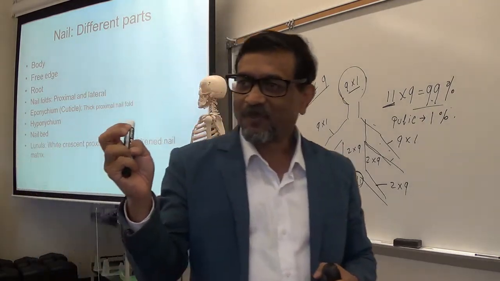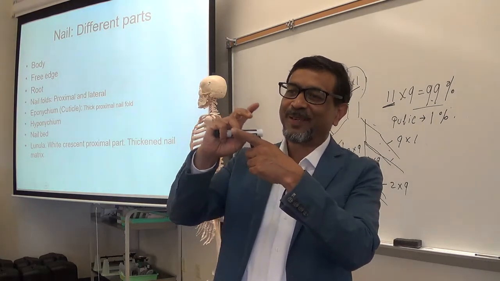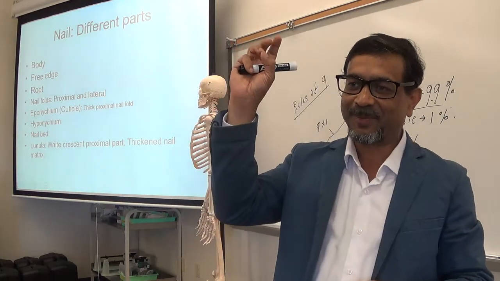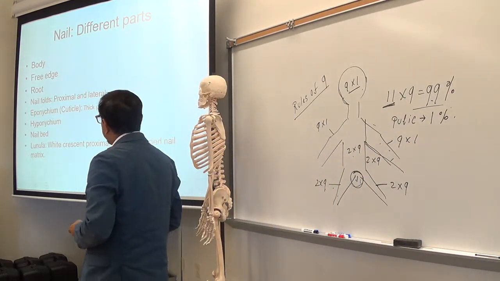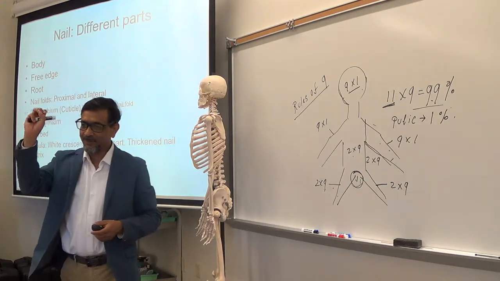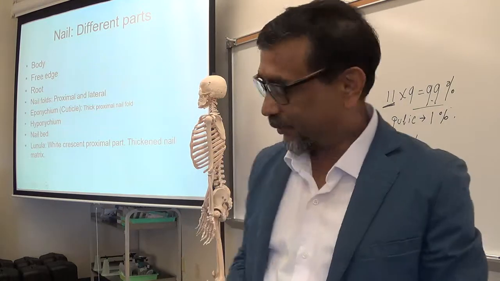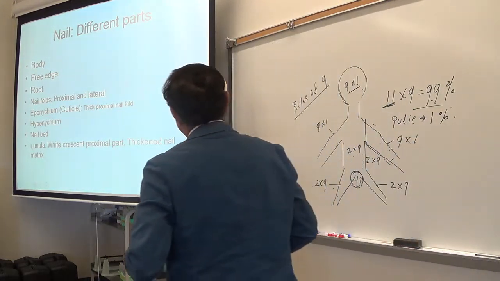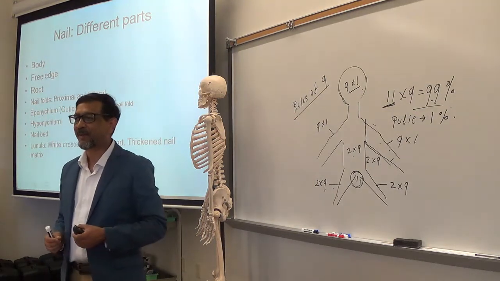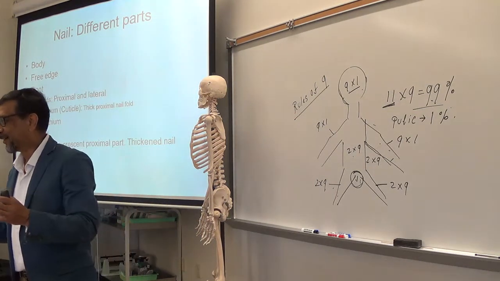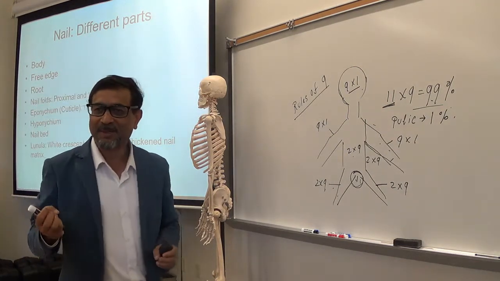White and pink. Yeah, because under the body you have blood circulation. That's why pink, right? The free edge doesn't have any blood circulation underneath, so that's the actual color of this nail. Anyway, this nail, we'll go very briefly. I told you in last class that I don't like spending too much time with the nail.